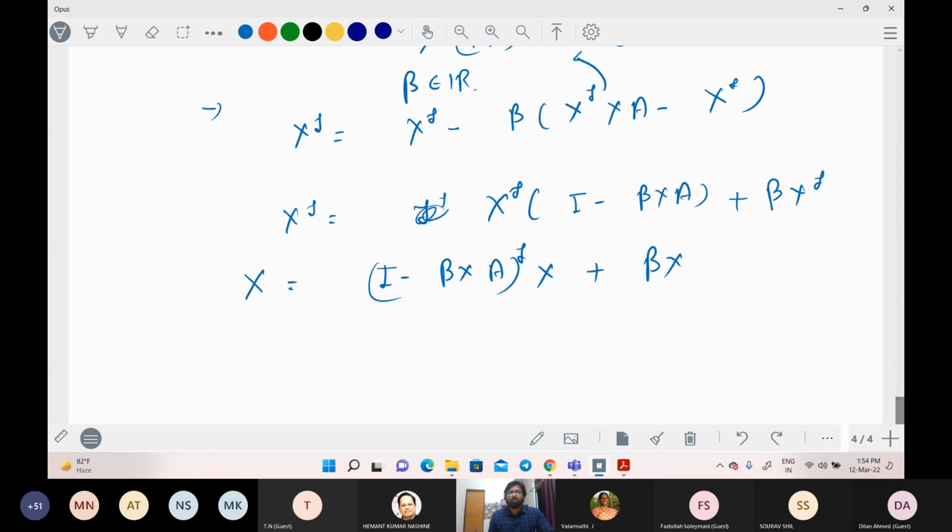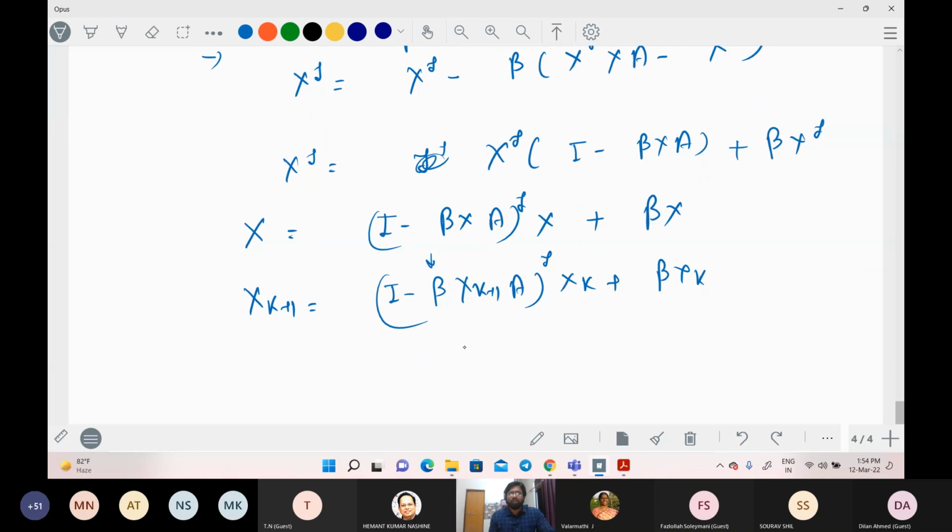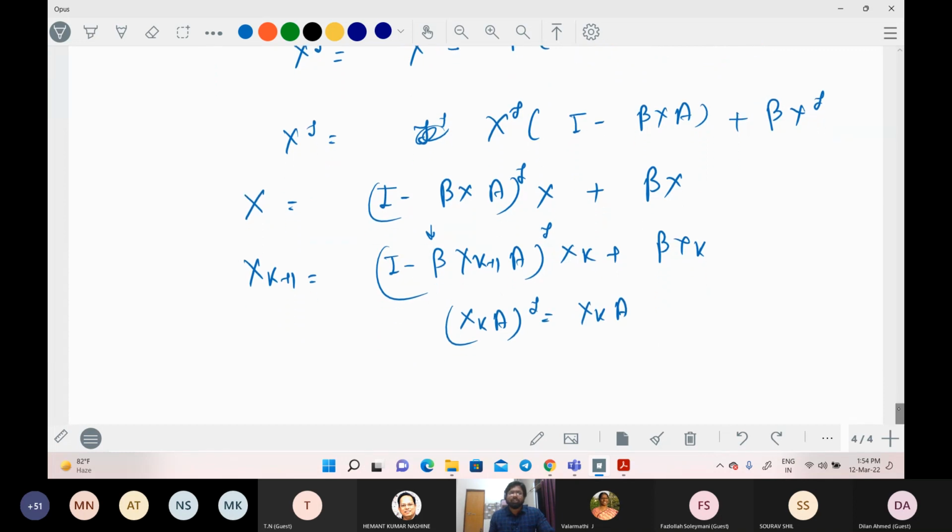From this expression, we can develop an iterative scheme given as x(k+1) equal to (I minus beta x(k+1) A star) x_k plus beta x_k. Then he has used one property in his paper, that x_k A star is also equal to x_k A, and using this the method he developed comes out.